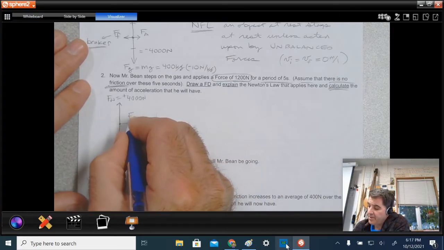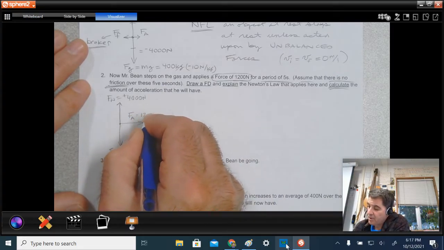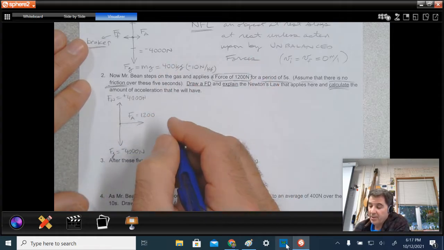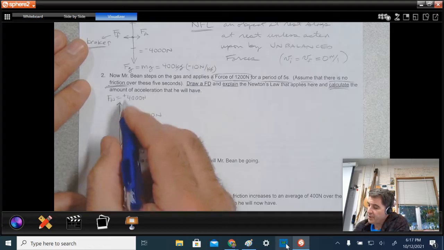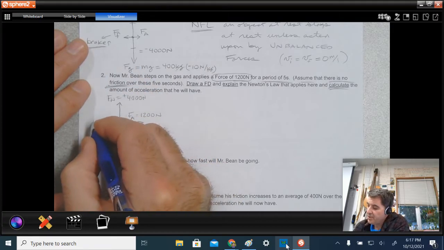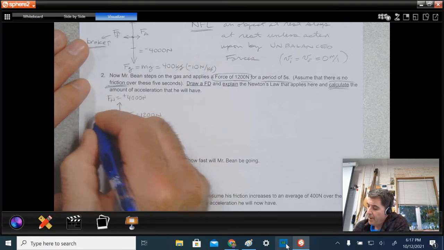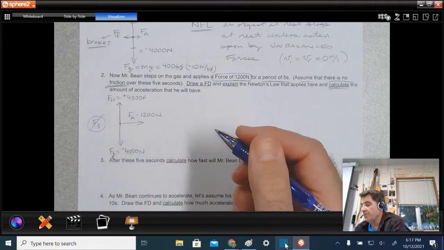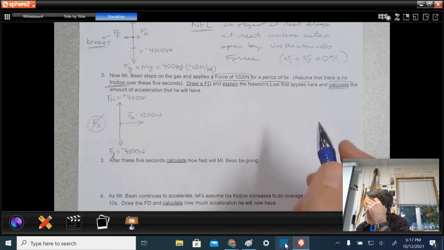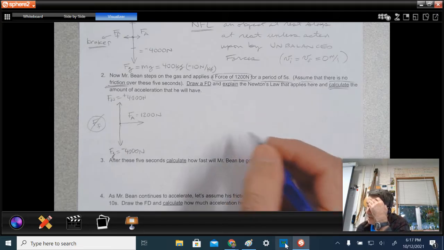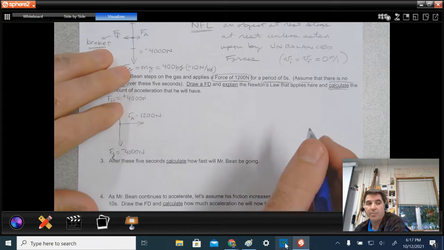I'll draw that, FA equals 1,200, not 12,000, 1,200 newtons. And there is no force of friction. And you notice there, since there's no force of friction, I'm not going to draw the arrow. There is no friction. So it says draw a force diagram and explain the Newton's law that applies here and calculate the amount of acceleration he will have.